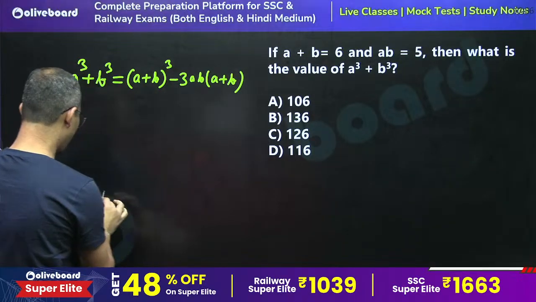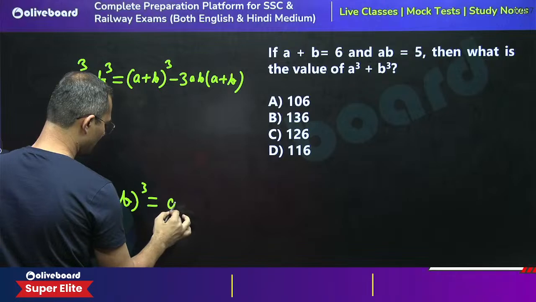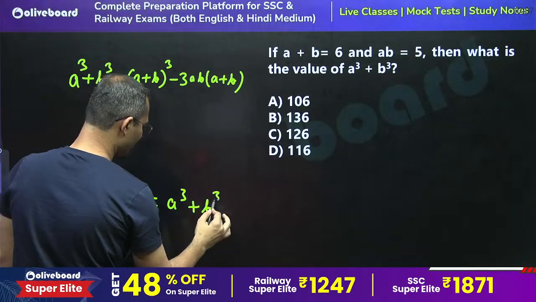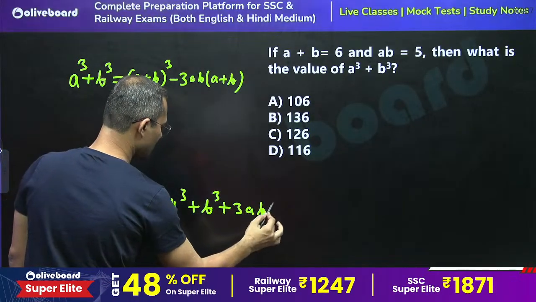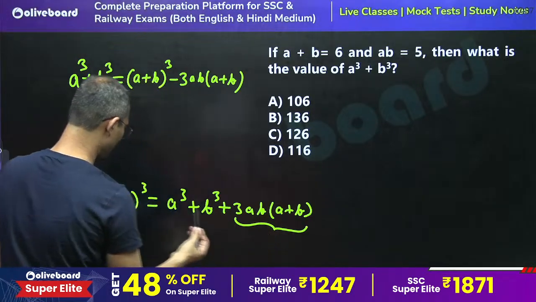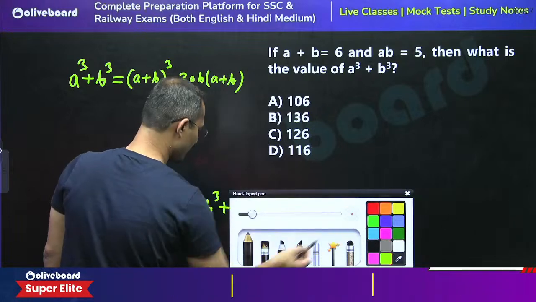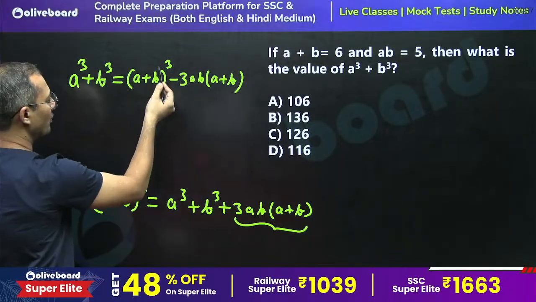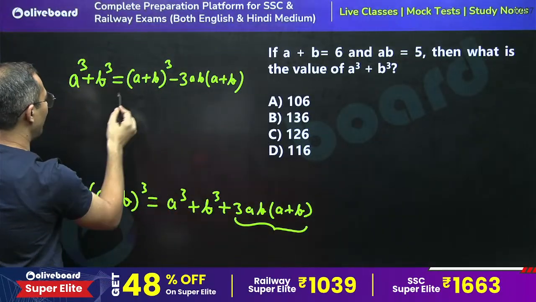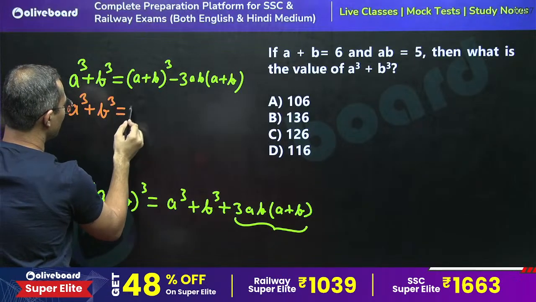See, we know that (A plus B) whole cube is equal to A cube plus B cube plus 3AB (A plus B). Just transfer this portion to the left side. So we will get A cube plus B cube is equal to (A plus B) whole cube minus 3AB (A plus B). Just put the values.